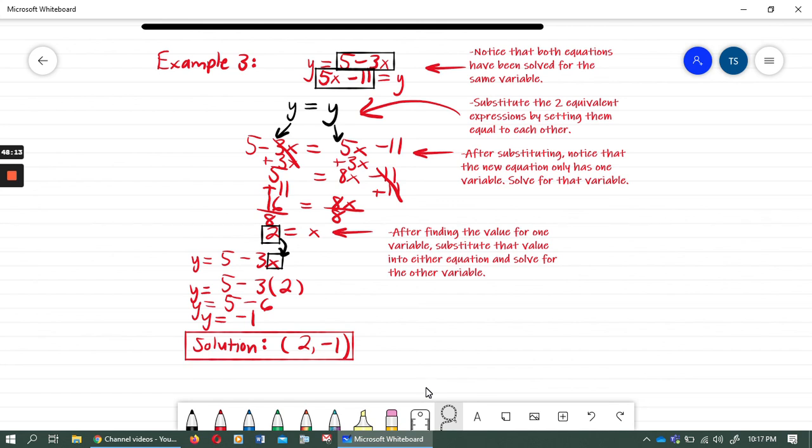Just to give you a little preview, the name of that second method for solving systems of linear equations is called the elimination method.